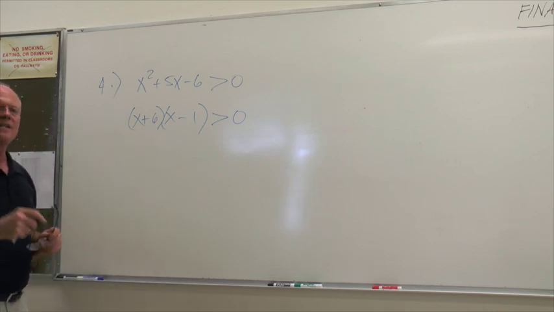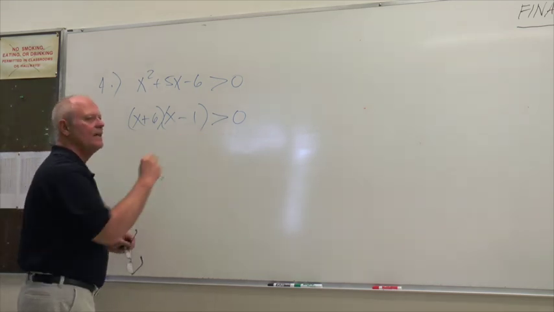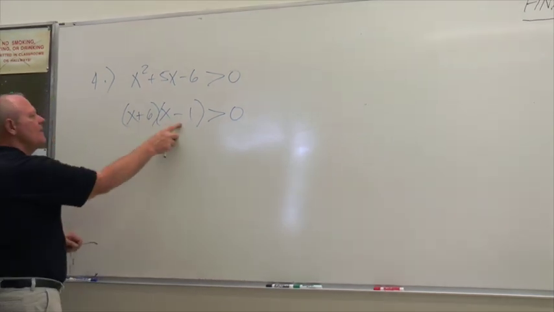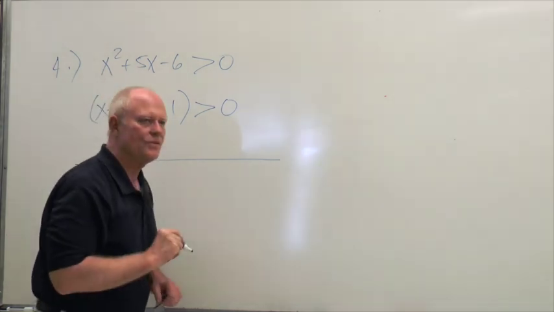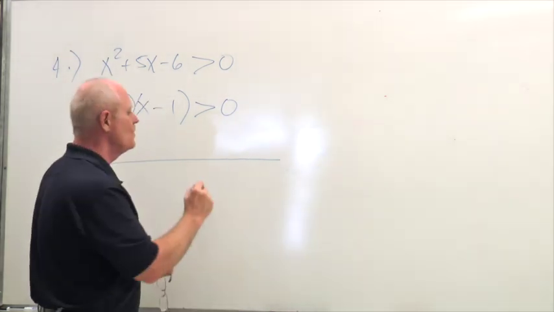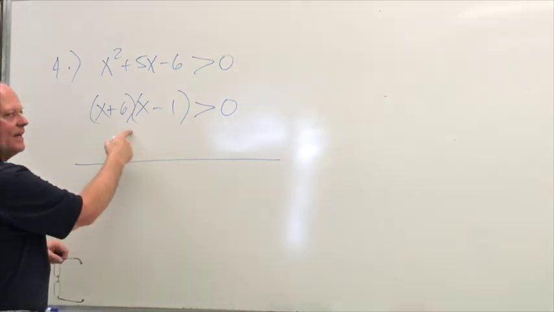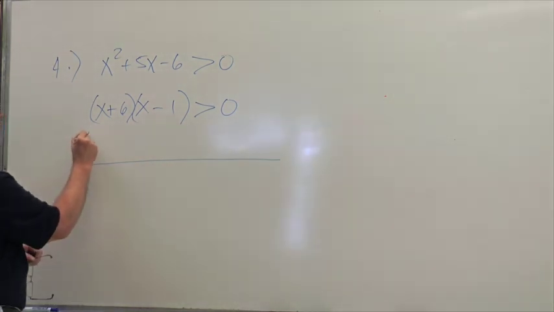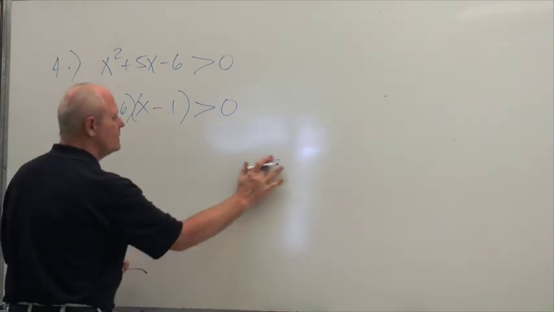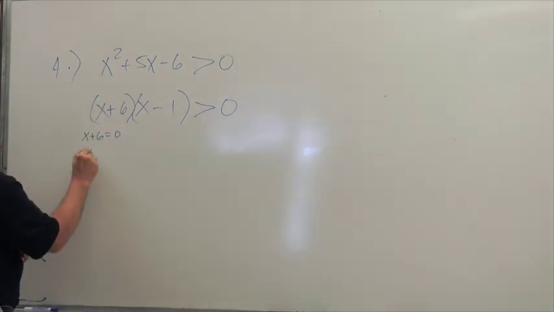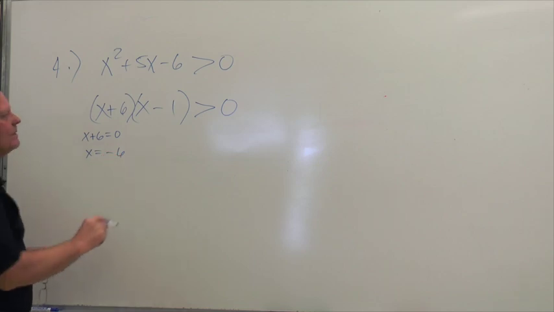Yeah. Now here's the difference. When it's an inequality, what do you have to do? What are these representing now? Critical values. Right? Okay. I'm going to plot after I solve each one of these. This one's going to be x plus 6 equals 0. X is equal to negative what? 6.